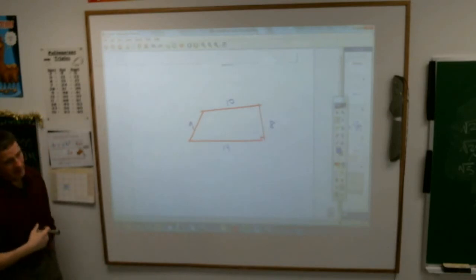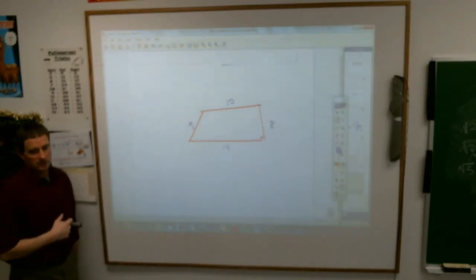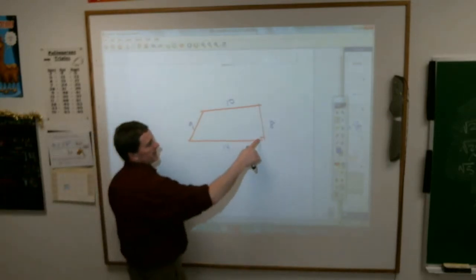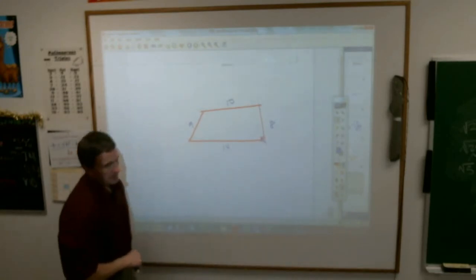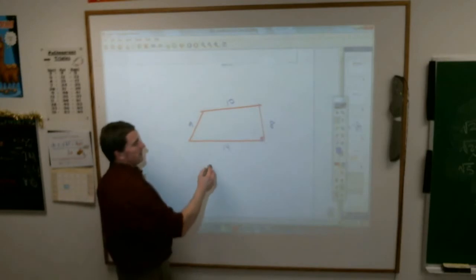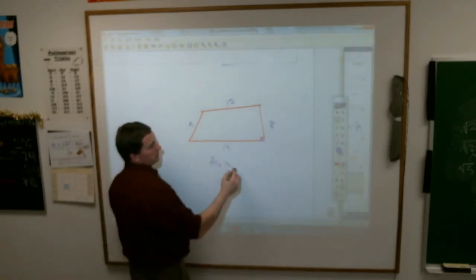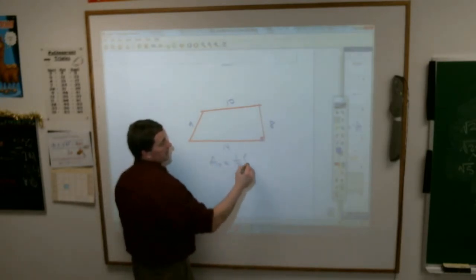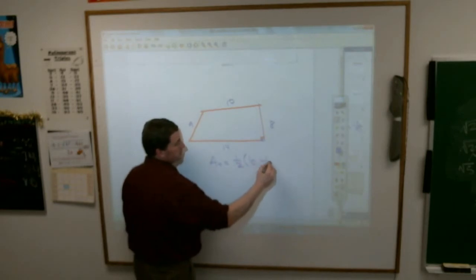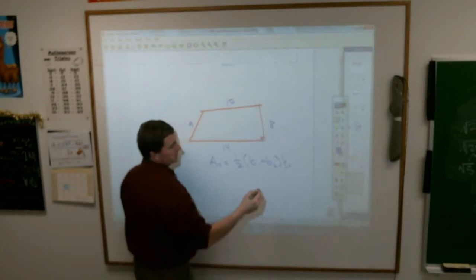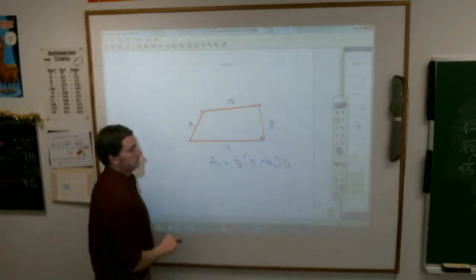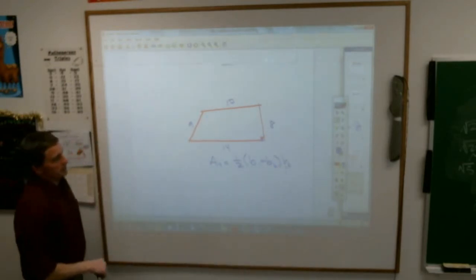Now this one doesn't have a dashed line. Why? Because in actuality, this side does form a right angle, so you don't need that dashed line. But your first step is always to write down the formula. Area of the trapezoid is 1/2 base 1 plus base 2 times height. And then just plug in the numbers.